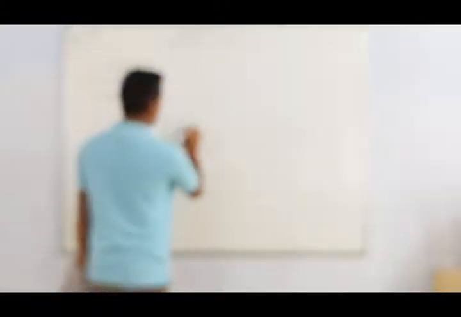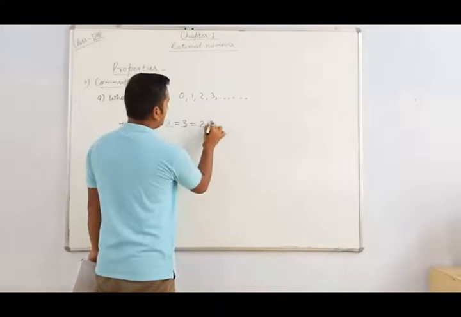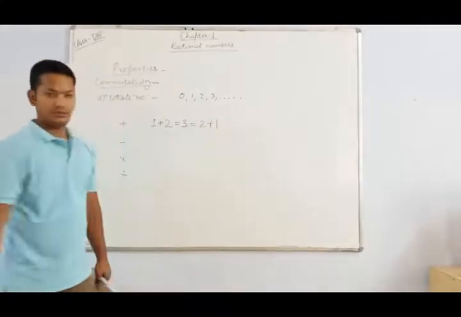What is the meaning of commutativity? The meaning of commute means, let's take the example of addition. If I am having two numbers, 1 and 2, then if I add them, 1 plus 2, it will give me 3. Now again, the same result I will be getting if I add 2 plus 1.